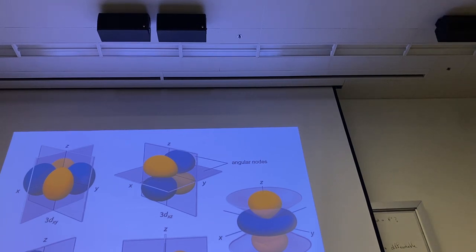As you can see, very important, they have more structure than the p orbital. In fact, they have more angular nodes. Instead of having 2 lobes, I have now kind of 4 lobes. In all of these cases, I have more angular nodes than I had in p. P only had 1, I have 2 here. This one too, maybe harder to see, also has 2 angular nodes.